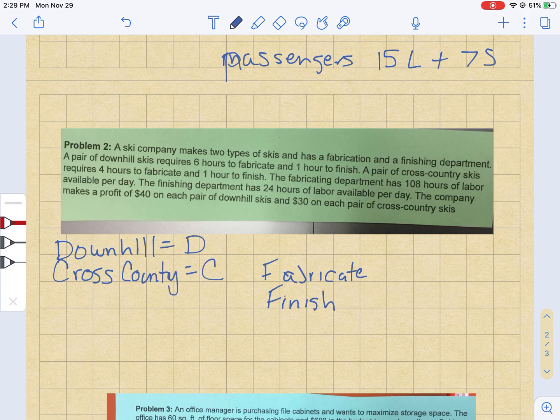So fabricating has 108 hours of labor, so that has to be less than 108. And the finishing has 24, so that has to be less than 24.